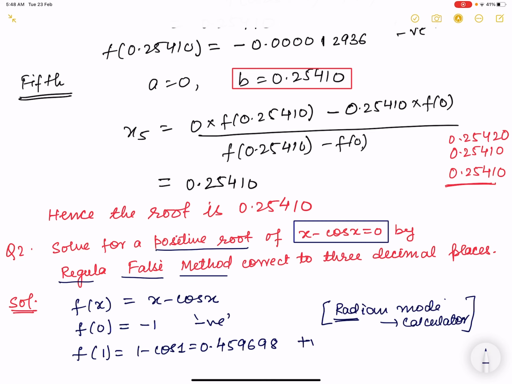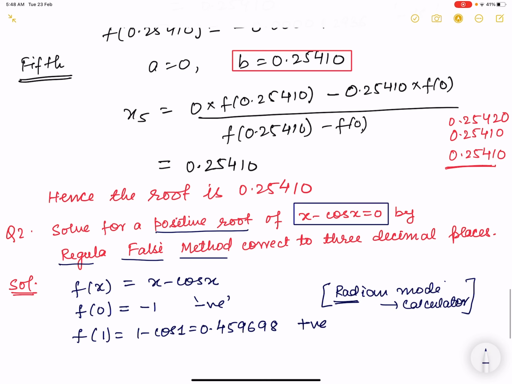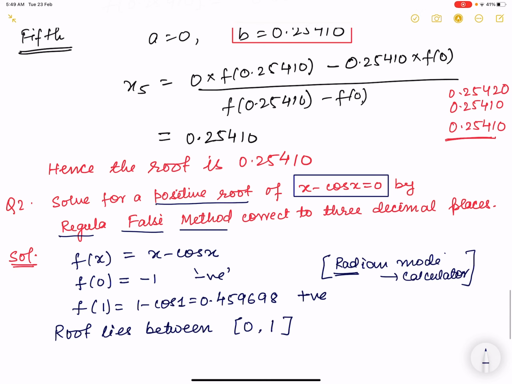This is coming out to be positive. This means that the root lies between 0 and 1. At 0, the value of the function is negative and at 1, it is positive.